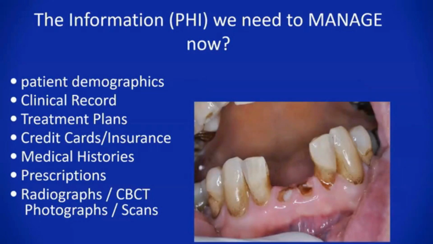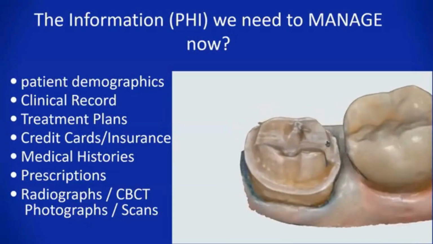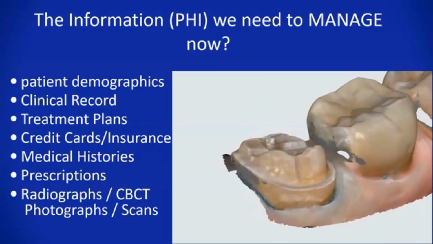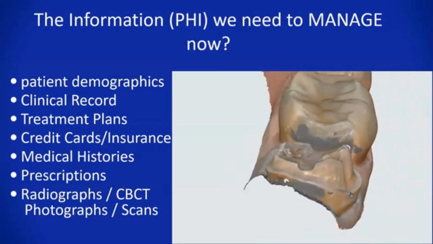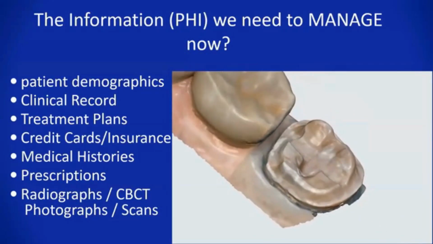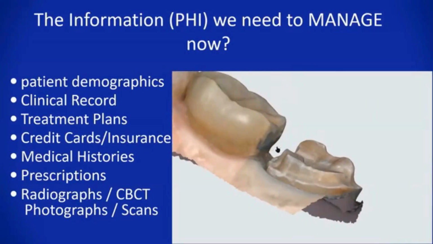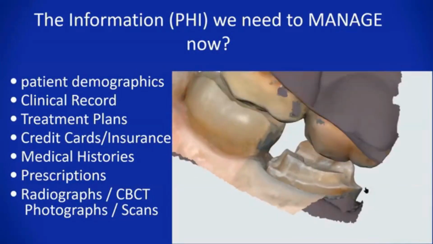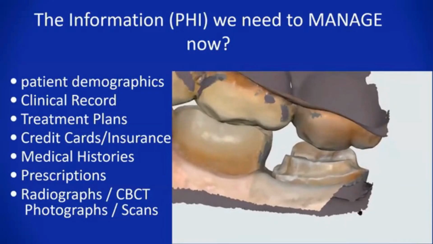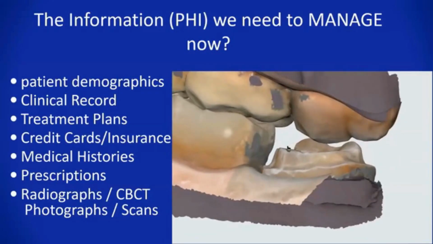If you're doing scans for restorative dentistry, all of that is stored in a computer somewhere now. And like I said, I'm going to say it again, it's the crown jewels of your practice. Because if you walked into your office and you have all this on a server in your office and that server was gone, or it had been hacked, or, God forbid, there was a natural disaster and that stuff is gone and not backed up properly, it's irreplaceable.